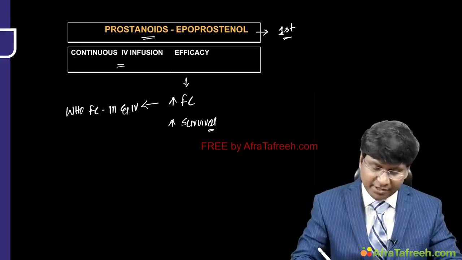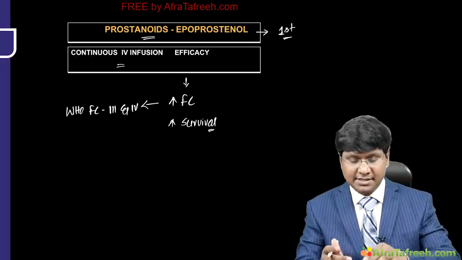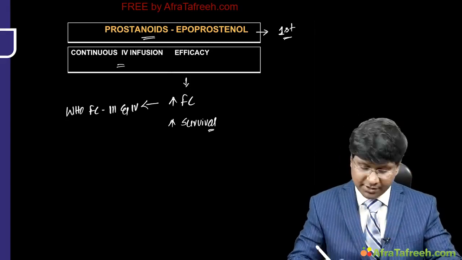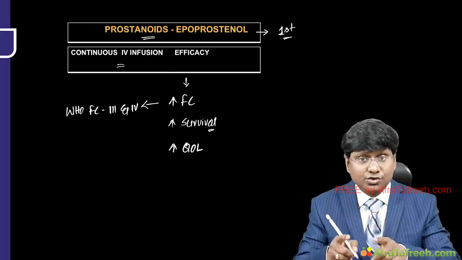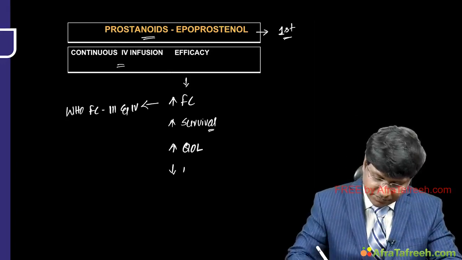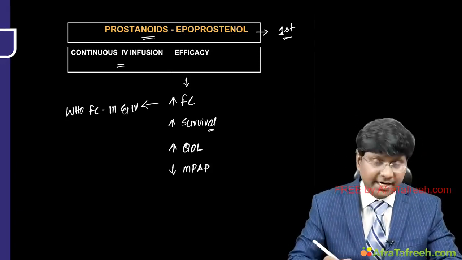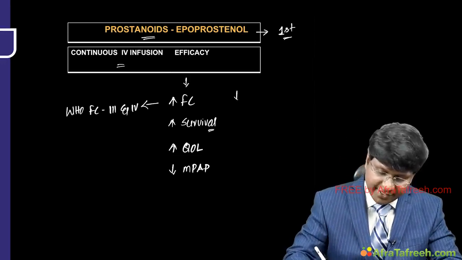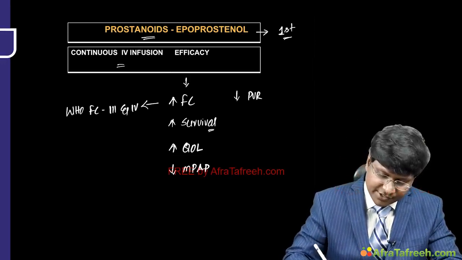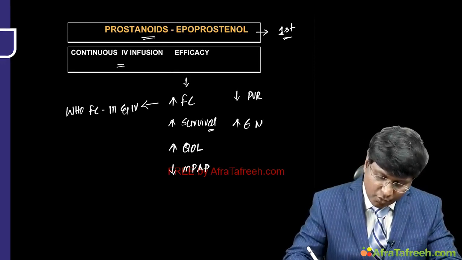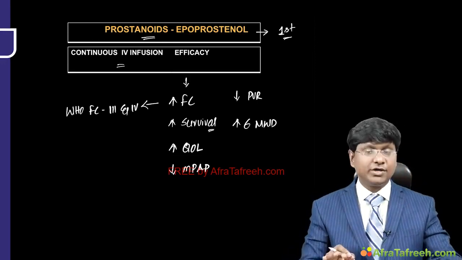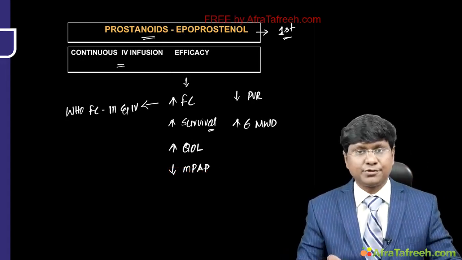Another important thing in the efficacy is that it will also improve the quality of life, and it will reduce the mean pulmonary artery pressure and the pulmonary vascular resistance, and it will also improve the 6 minute walk distance. That is the efficacy of epoprostenol.